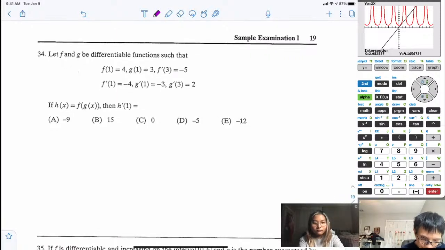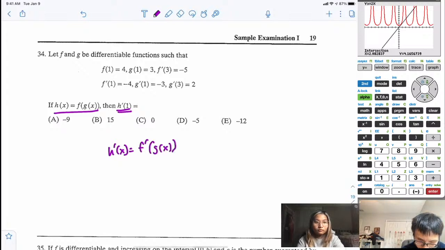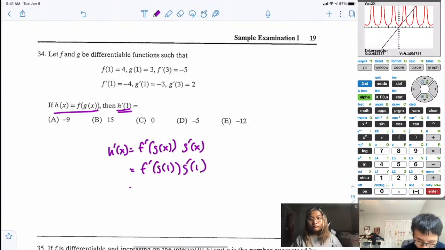And Ariana, we go over this one. They just want h prime, and this is giving. So h prime of x equals f prime of g of x times g prime of x. That's how you do the chain rule. Then that's equal to f prime of g of 1, times g prime of 1. And g of 1 they are giving, so this is one of those internal equations.